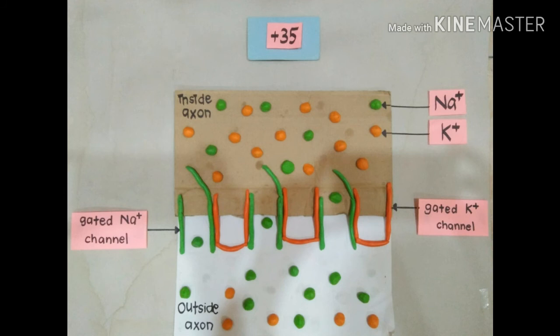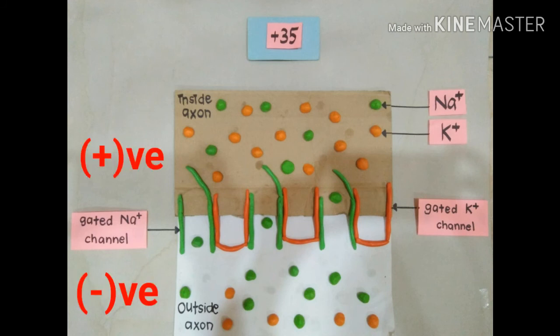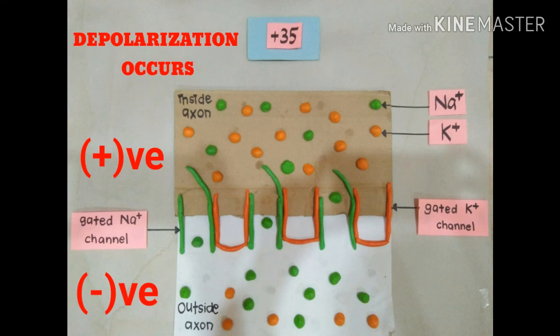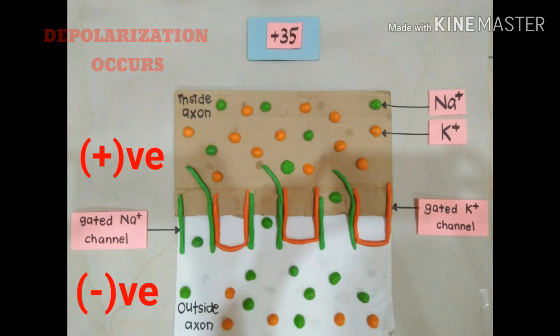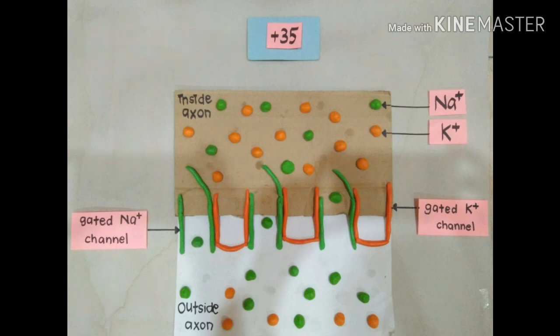As a result, the inside of the neuron becomes more positive. It means that depolarization occurs. As the sodium ions rapidly move across the membrane to the inside of the axon, the action potential swings up from negative 70 millivolts to positive 35 millivolts.